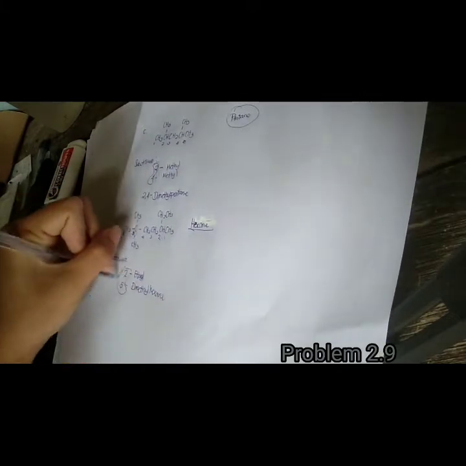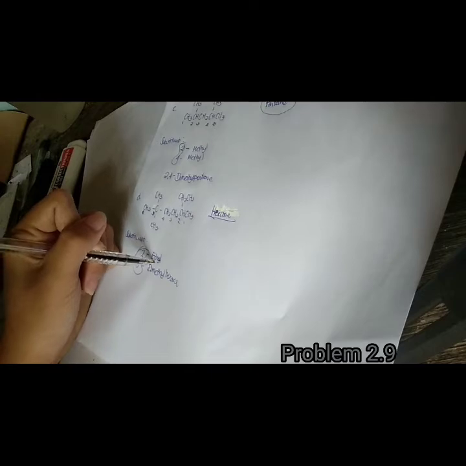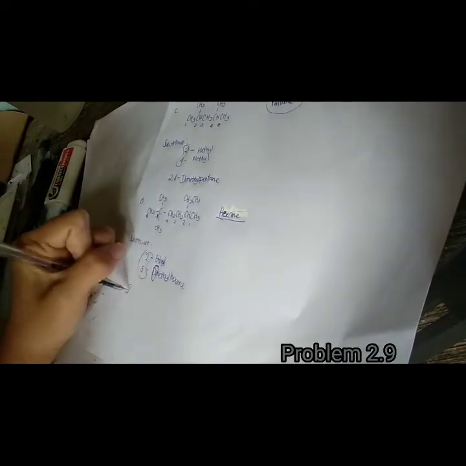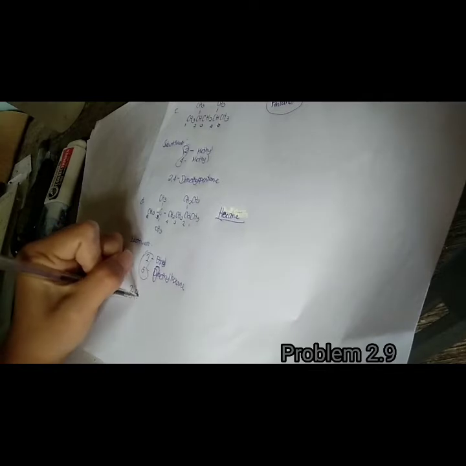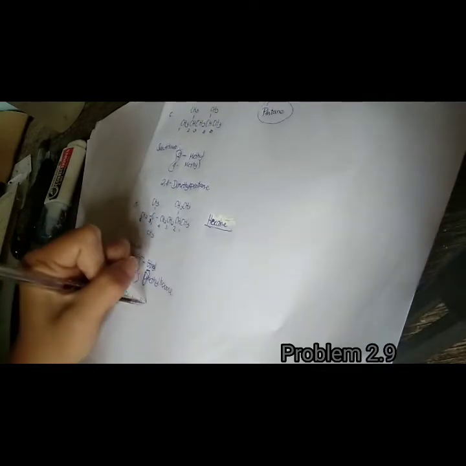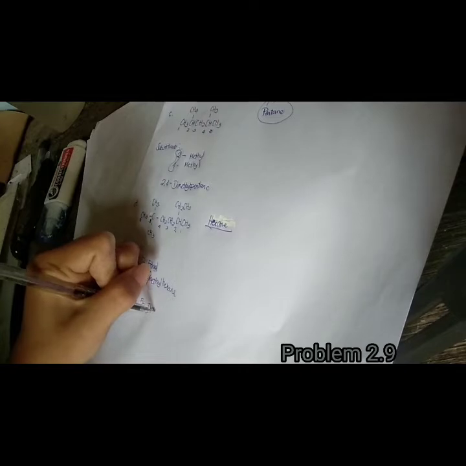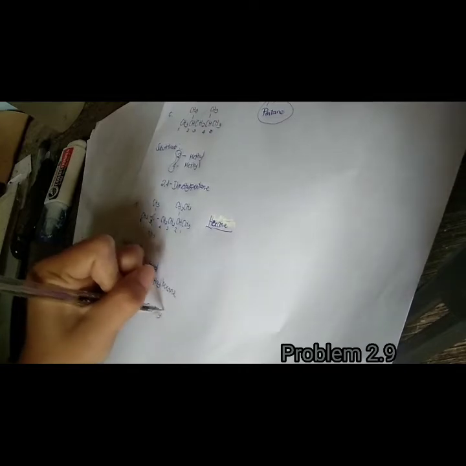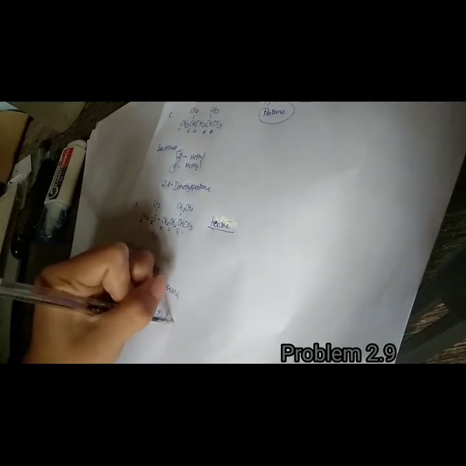Then we will arrange it in alphabetical order, but the prefix di is not included. Methyl, 5, dimethyl hexane.